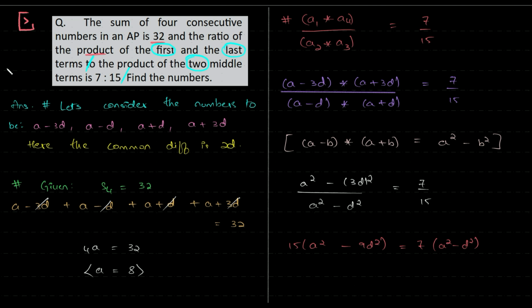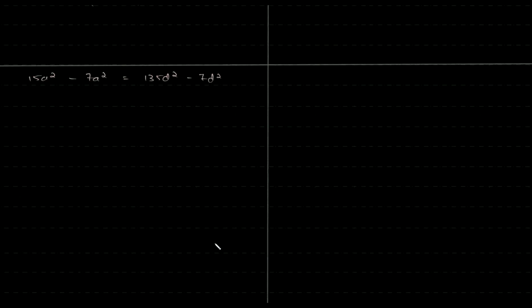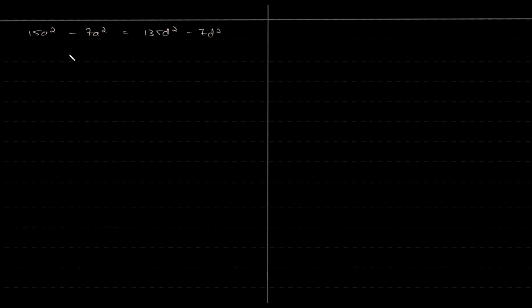A bit more simplification, and then we can substitute the value of a. So this is 15a square minus 15 into 9d square equals 7a square minus 7d square. A bit of rearranging: 15a square minus 7a square is equal to 135d square minus 7d square, and at the end we have 8a square equal to 128d square.